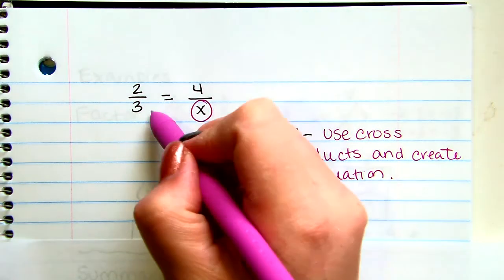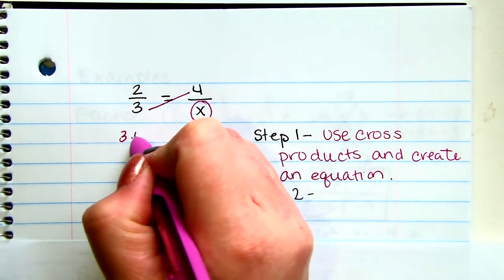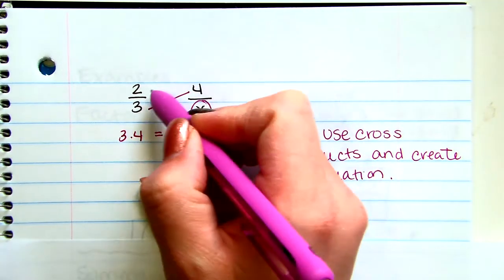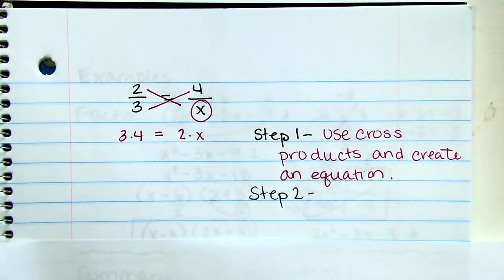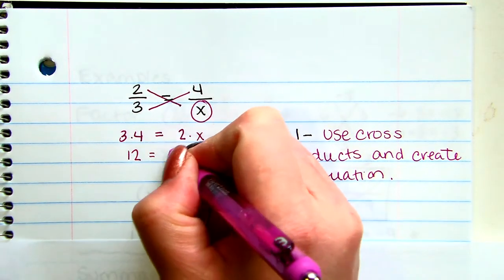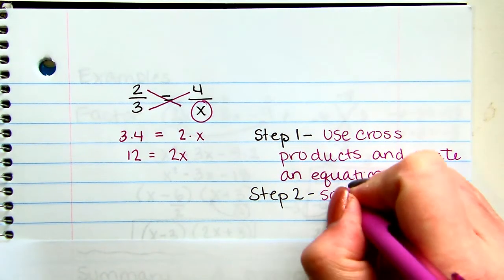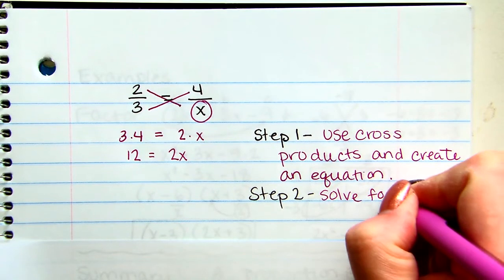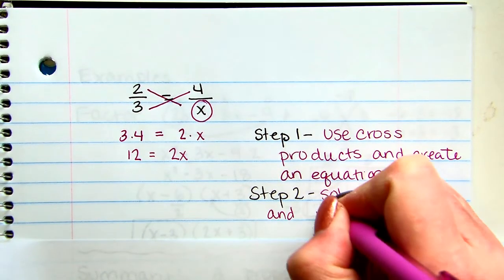So I'm going to go 3 times 4, and I'm going to set that equal to 2 times x. Now I'm going to simplify this, and I get 12 equals 2x. Now my step 2 is I'm going to solve for x and check my answer.